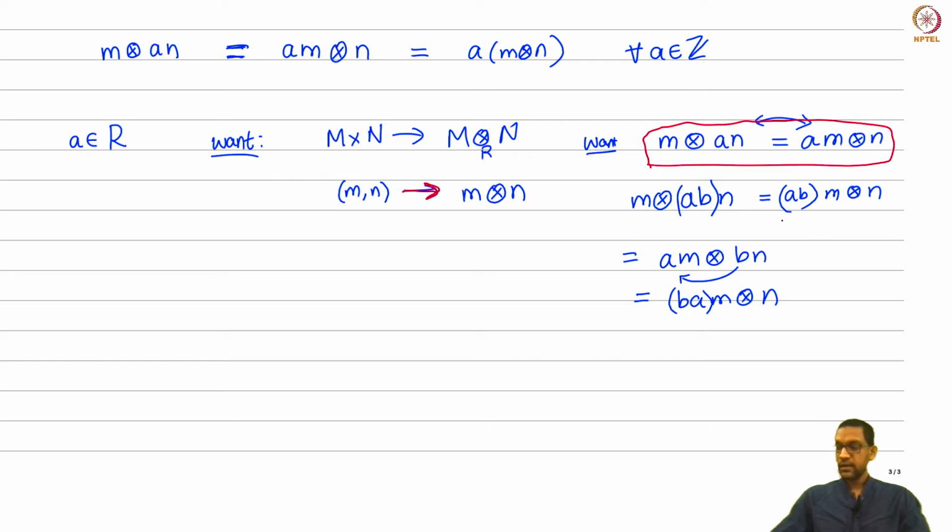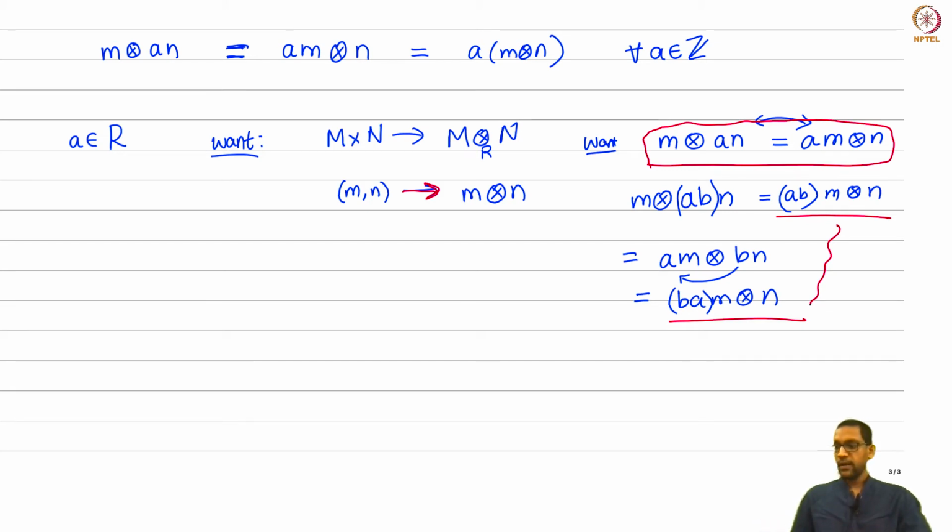So I notice that then this and this must be the same answer, okay. But of course that's not going to be true in general. No reason to expect it to be true, because AB and BA are not necessarily the same thing in a non-commutative ring. Okay, so this is sort of the trouble here. And this is sort of why you can't really take the tensor product of two left modules.